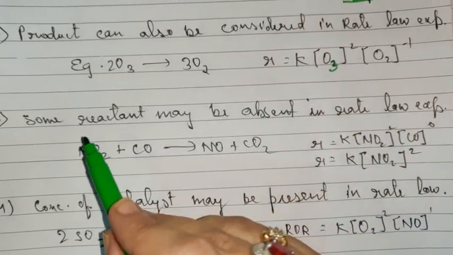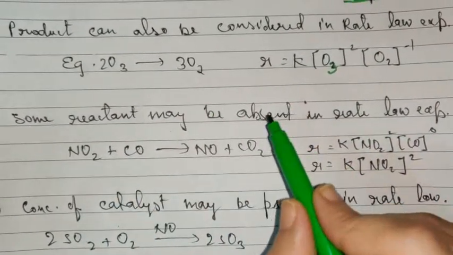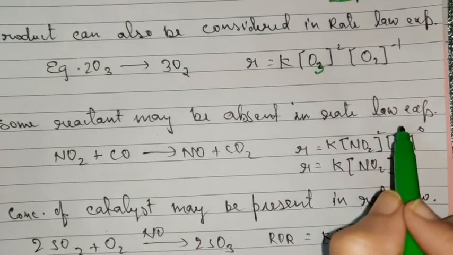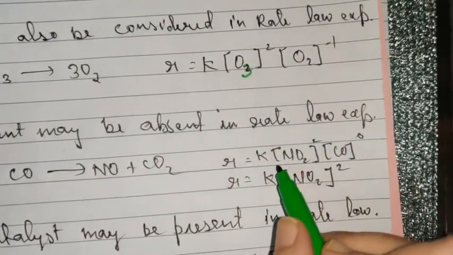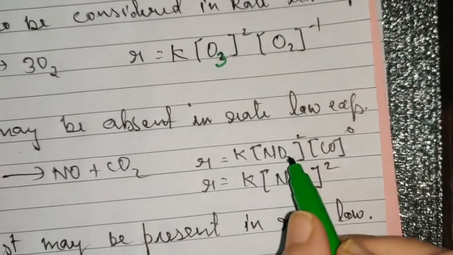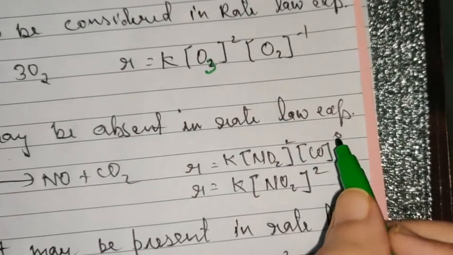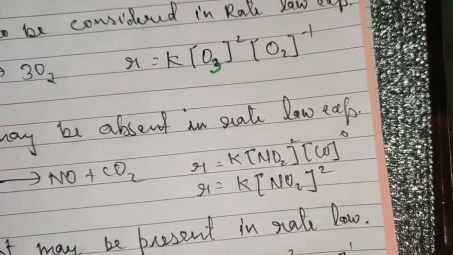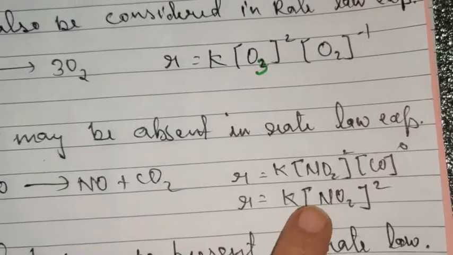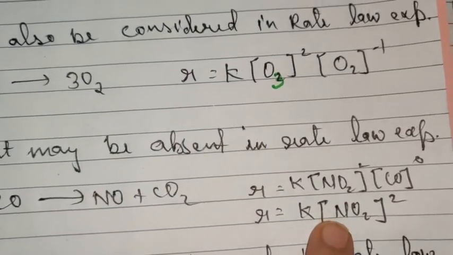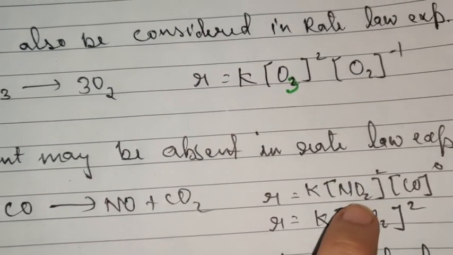Then moving on to the next point, some reactant may be absent in the rate law expression. Like this is a reaction, but in the rate law expression you can see here that NO2 is raised to the power 2, CO raised to the power 0. That means anything raised to the power 0 means 1. So in the rate law expression there will be only NO2.